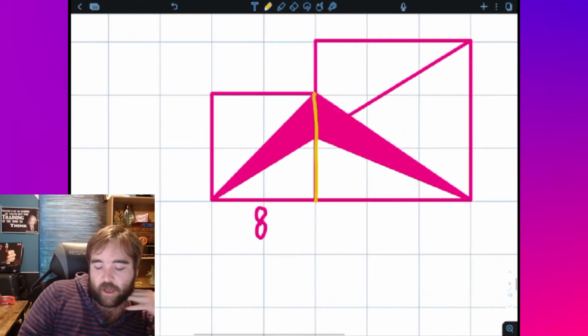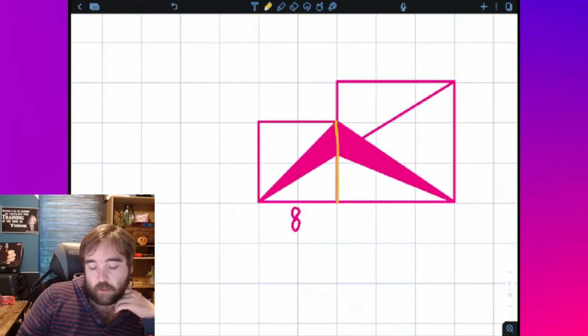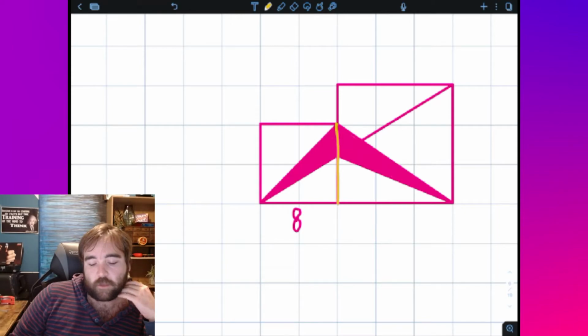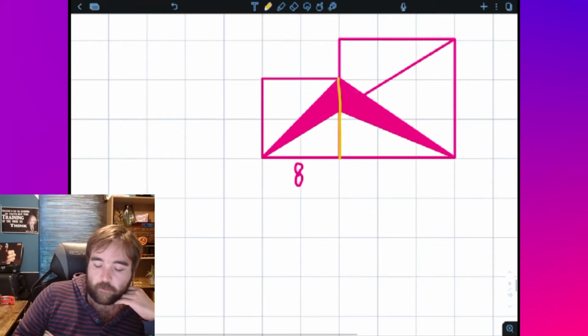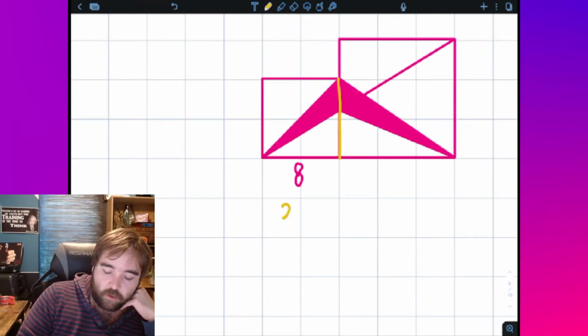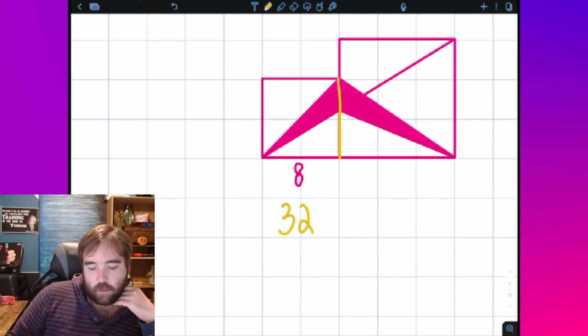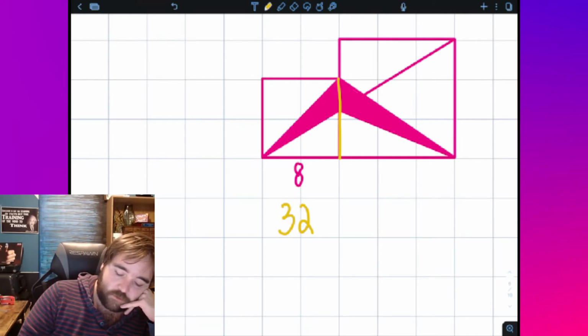That has an area half of the whole square. So the whole square has an area of 64, so that has an area of 32. And then we need to subtract the little area.